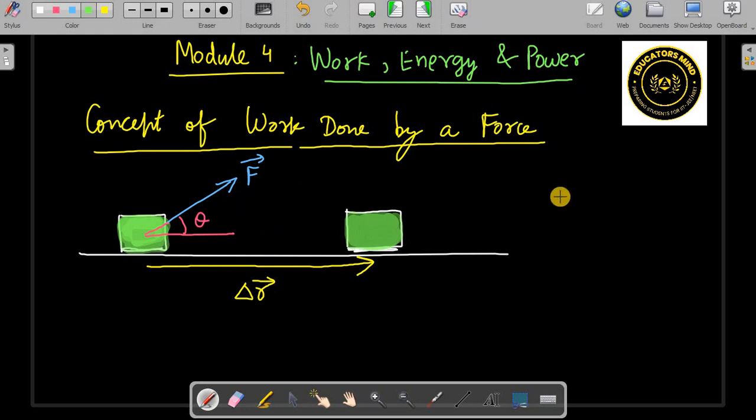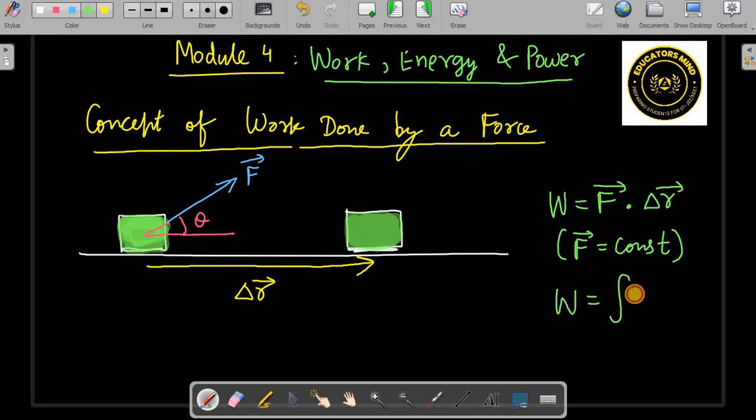So work done is defined as the dot product of force and displacement. Here force is constant. If force is constant, we can apply this concept. If force is variable, then it is of course the integration of F dot dr vector, in this case when force is not constant.